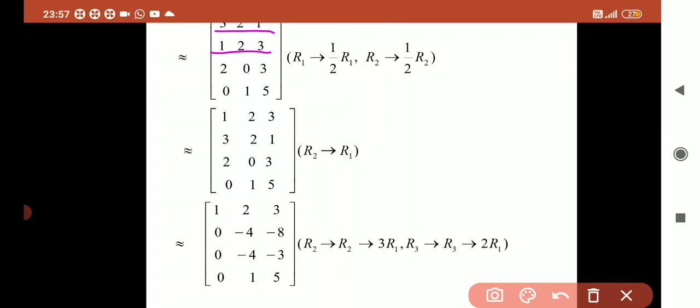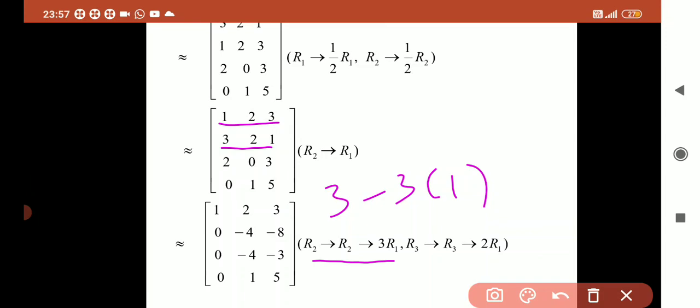And what we have done here is we have changed R2. R2 changes to R2 minus 3 times R1. The first element is 3 minus 3 times 1, so it is 0.